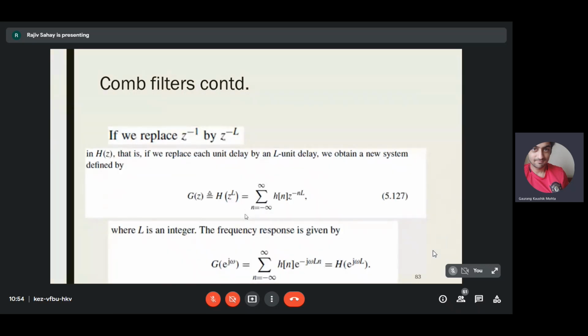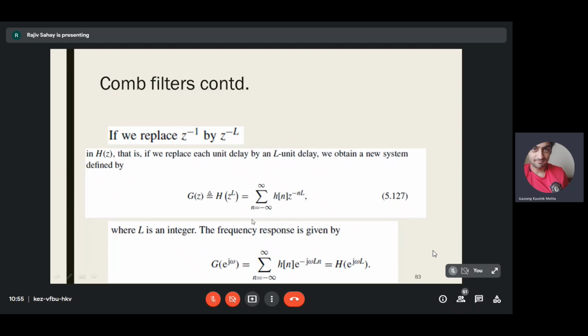The Z transform of such a system g of n can be derived: if you replace z to the power minus 1 by z to the power minus L, then you get H of z to the power L, where L is an integer.